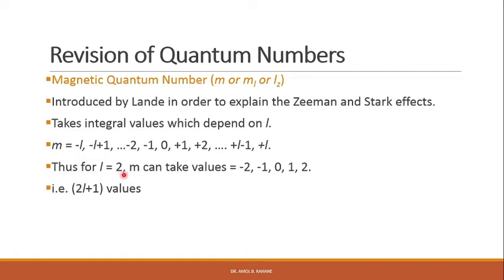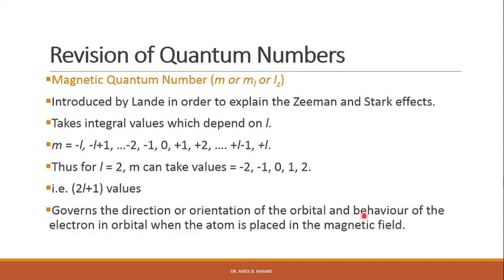For example, for l equal to 2, m can take values minus 2, minus 1, 0, 1 and 2. That means, it takes 2l plus 1 values, right. This quantum number governs the direction or orientation of the orbital and behavior of the electron in orbital when the atom is placed in the magnetic field.